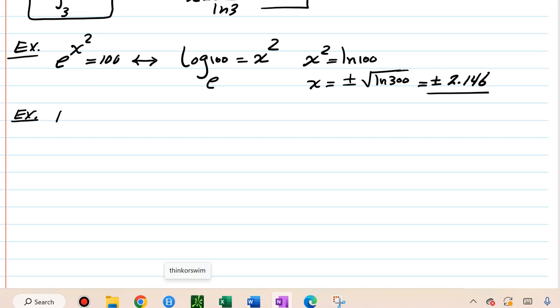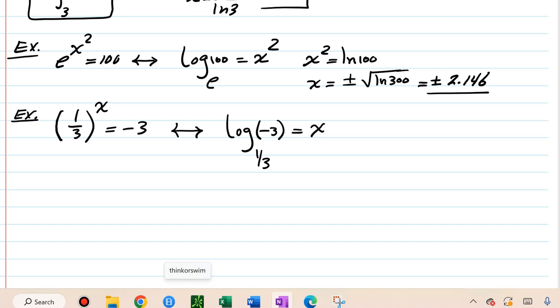So we'll see how it turns out in a few minutes. Next example, another exponential function of this type. Suppose I have 1/3 raised to the x power equals -3. If I rewrite this in logarithmic form, I get log base 1/3 of -3 equals x. And I just said that the domain of logarithms is positive numbers, correct?